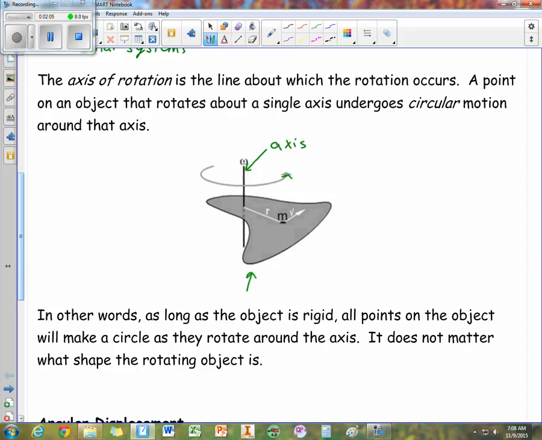So what's kind of cool is, even though this thing has an odd shape, if we were to study a single point on this, this point would follow a perfect circle. And we can do this for any point. And every point, and obviously there's an infinite number of points on this shape, but every single point will follow a perfect circle.